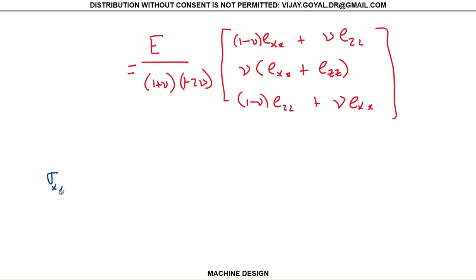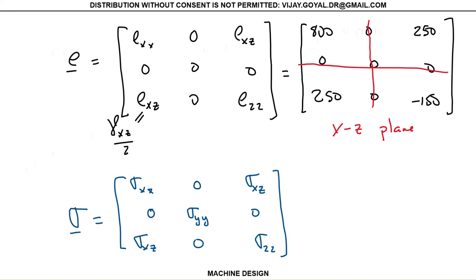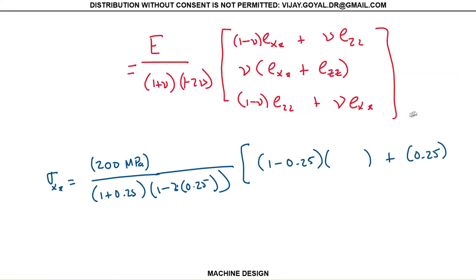So sigma xx will be 200 megapascals divided by 1 plus 0.25, 1 minus 2 times 0.25, times 1 minus 0.25, EXX was 800. Don't forget it's 800 microns.